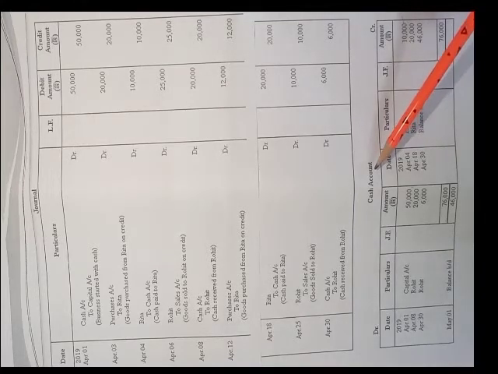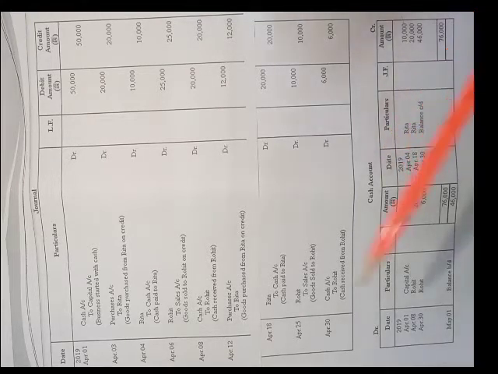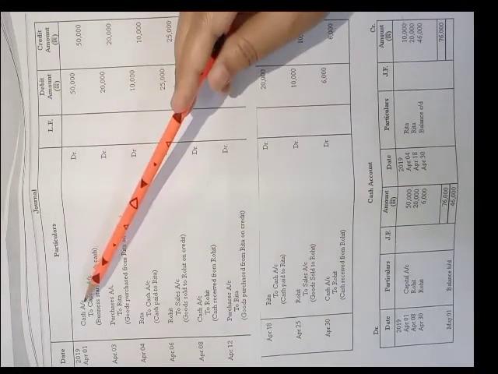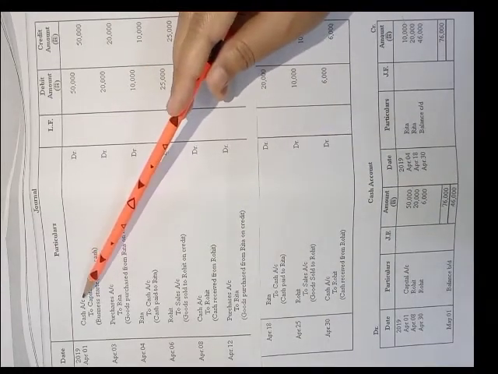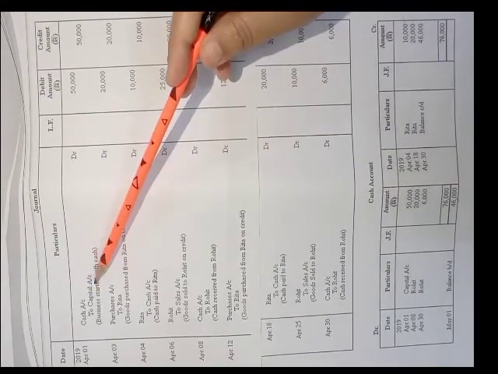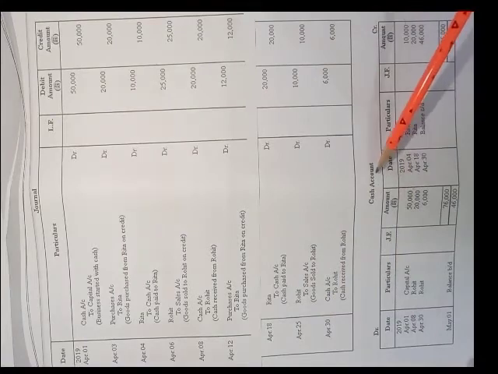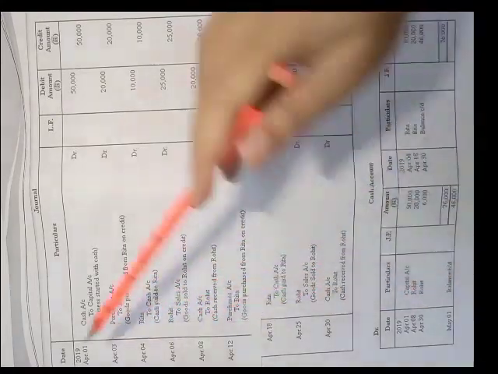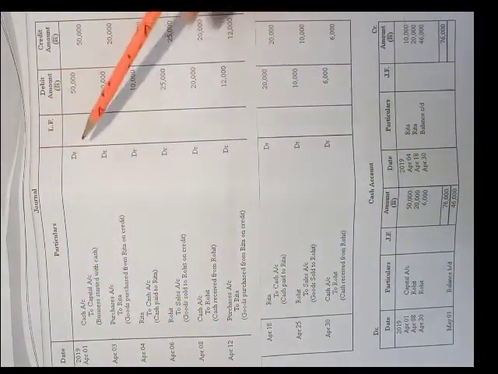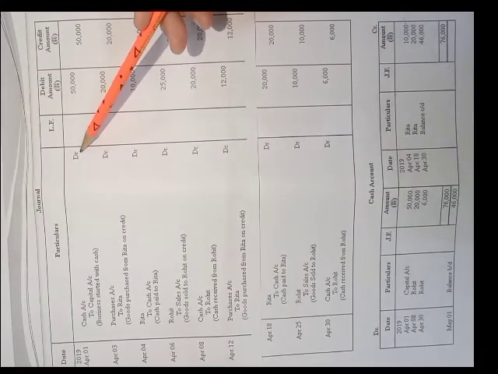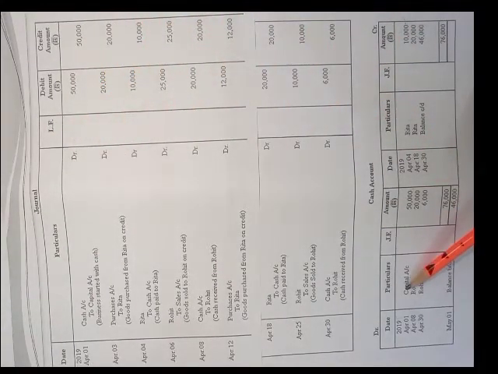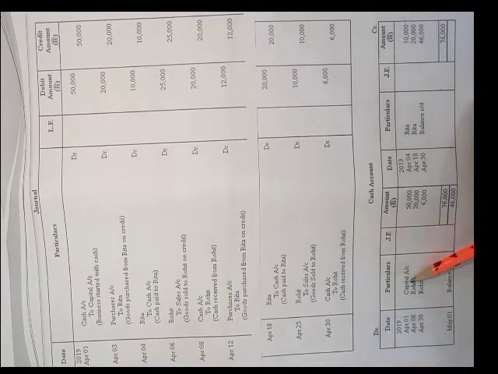First of all we are preparing the cash account, because in the first journal entry, cash account debit to capital account, the cash account has come first. Now you see the cash account is debited over here, so on the debit side of the cash account, this journal entry will be posted.